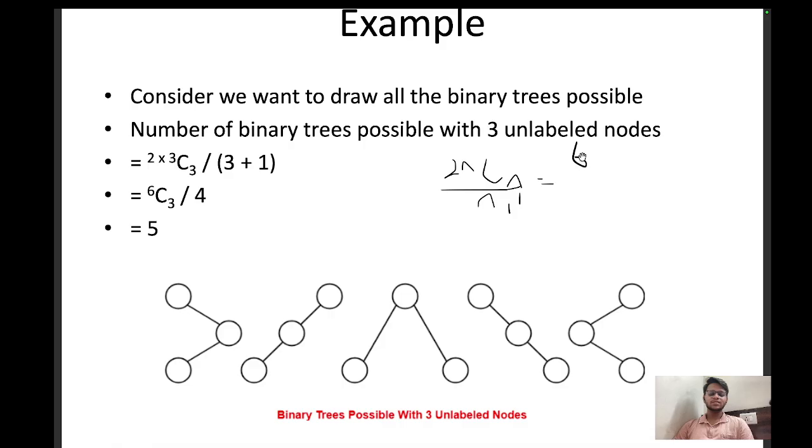So it will be 6C3, divided by 3 plus 1, which is 4.